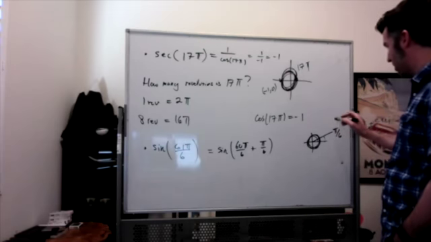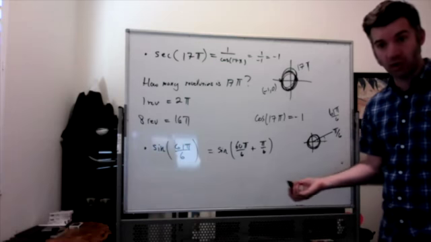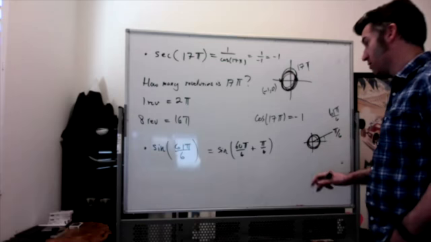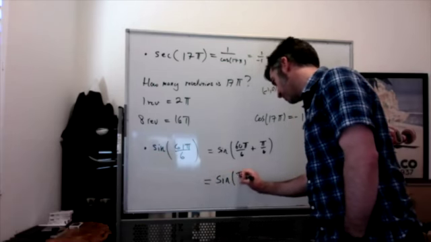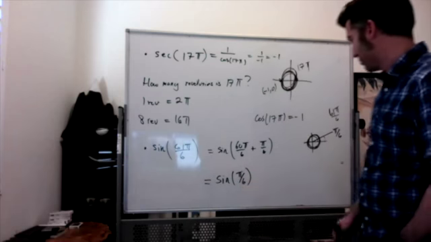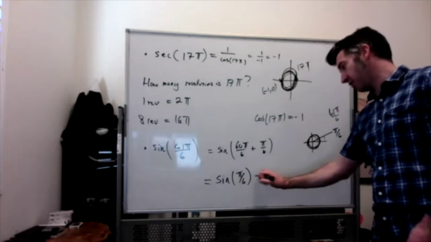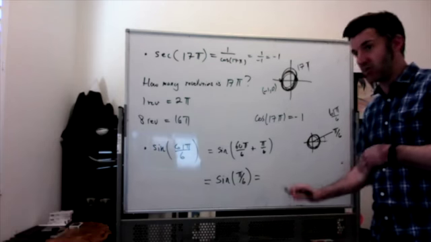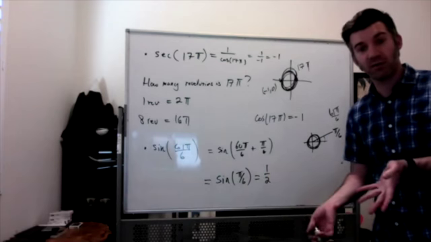So pi over 6 and 61 pi over 6 are coterminal. They end at the same terminal ray. So this is literally equal to sine of pi over 6. They both have the same reference angle and the same quadrant. And sine of pi over 6 is the small angle, which means sine is the smaller value, which is 1/2. Sine of pi over 3 is the larger value, which is √3 over 2.